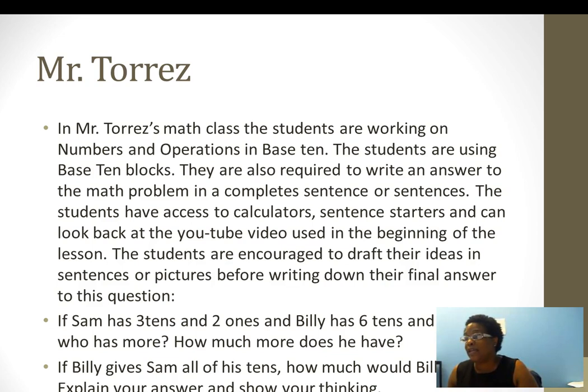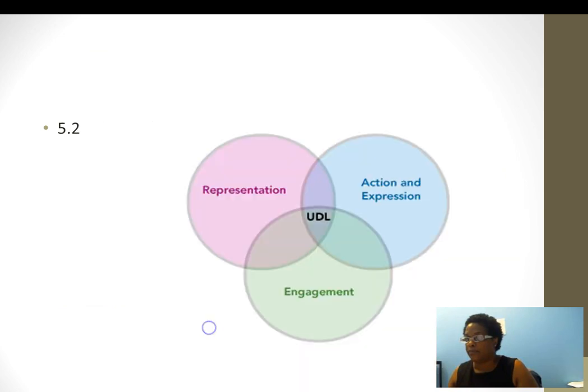So when you look at how the questions are set up, which principle of UDL is being highlighted in this example? Checkpoint 5.2. Please take a look at that so that you will know what that is.